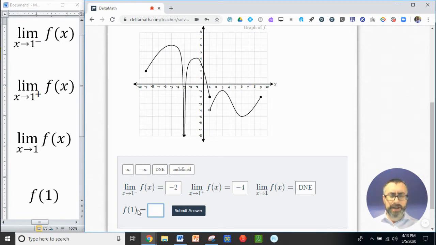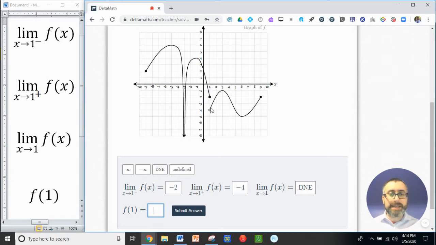Now, f of 1 just means what's the output when the input is 1? What's the y value when the x value is 1? At the x value of 1, it almost looks like there are two different values that y could be. But since it's a function, we know that there can only be one true answer. We need to know what these different kinds of dots mean on a graph. A closed circle includes that value, whereas an open circle just means everything close to it, but not this actual value.